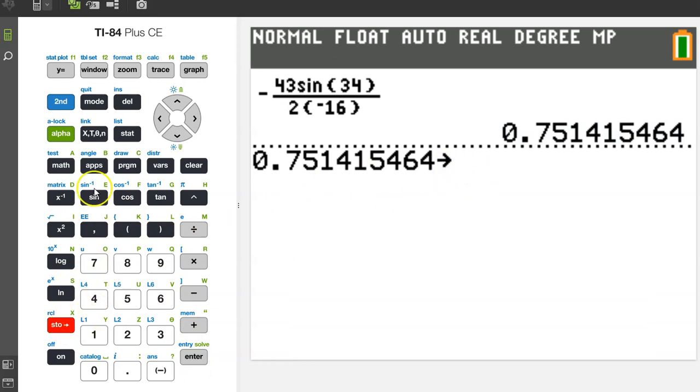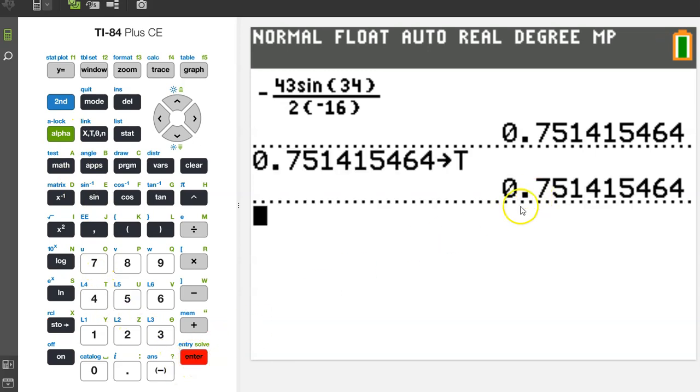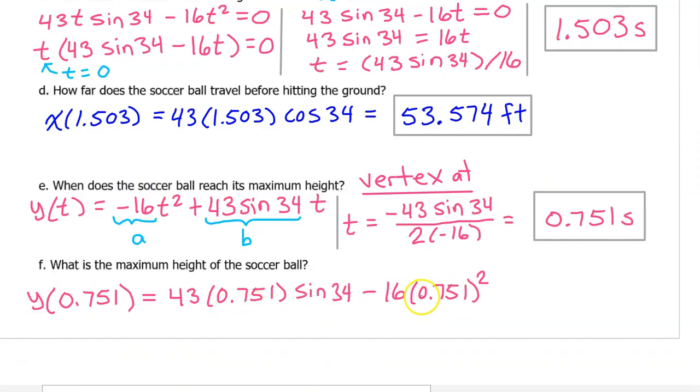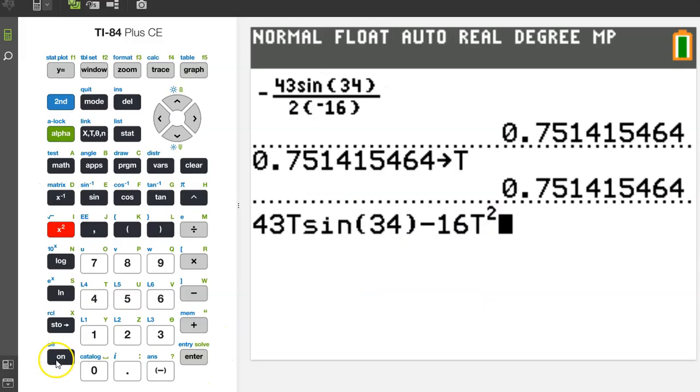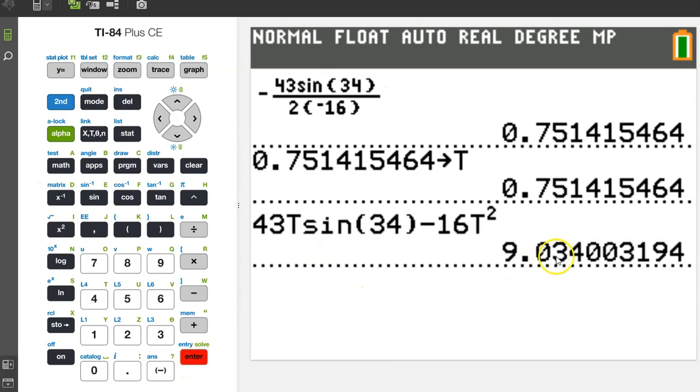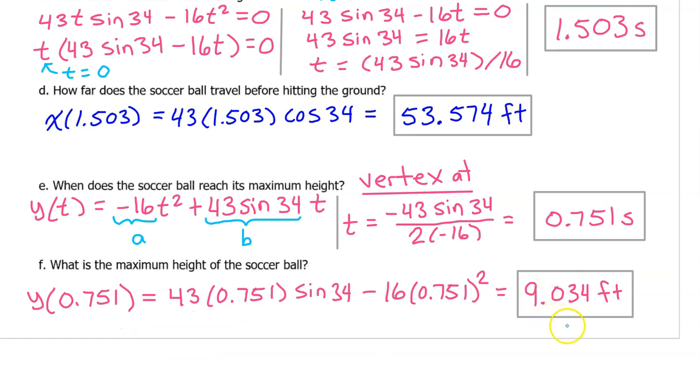I'm just going to use T, so alpha T. So now I can type in this formula using a T instead of 0.751. Just like this. So we get 9.034. So the maximum height of the soccer ball is 9.034 feet.